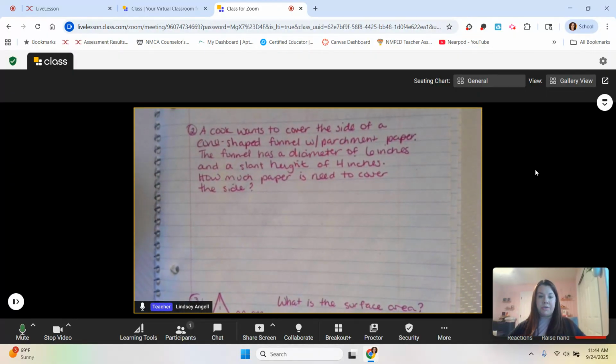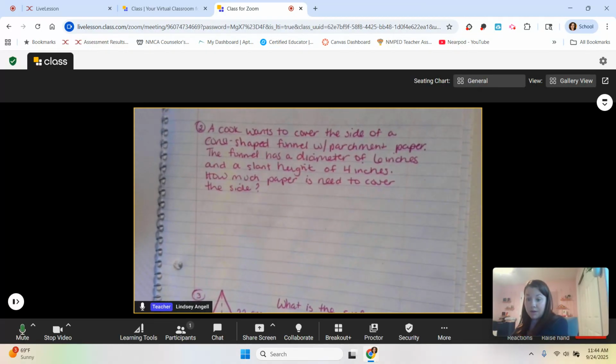All right, number 2 says, a cook wants to cover the side of a cone-shaped funnel with parchment paper. The funnel has a diameter of 6 inches and a slant height of 4 inches. How much paper is needed to cover the side? So again, think about a funnel, or think about a cone, like an ice cream cone, right? You're not going to cover the top of it, especially if you're wanting to put something in.